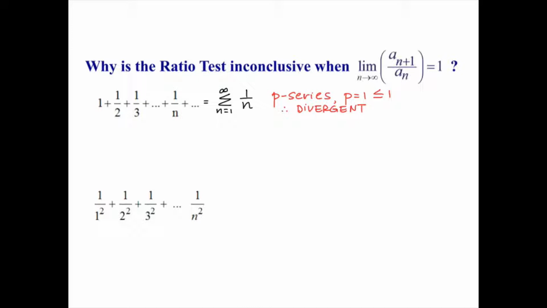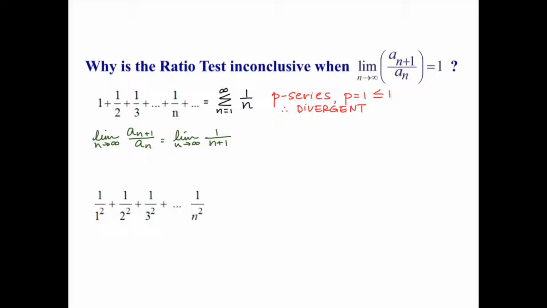So if I do the ratio test on this series, which is a positive term series, if I take the limit as n approaches infinity of a sub n plus 1 over a sub n, I'm going to get the limit as n approaches infinity of a sub n plus 1, which is 1 over n plus 1.